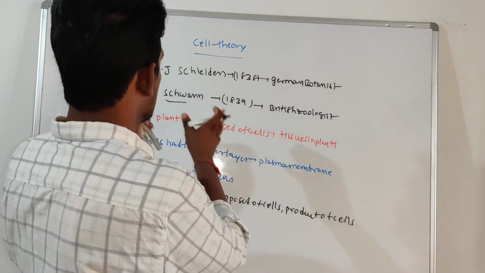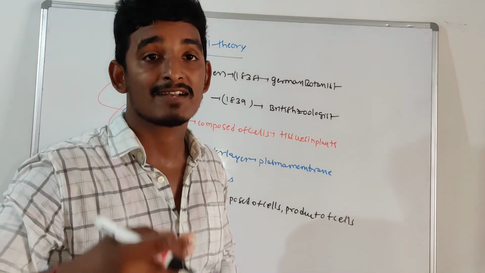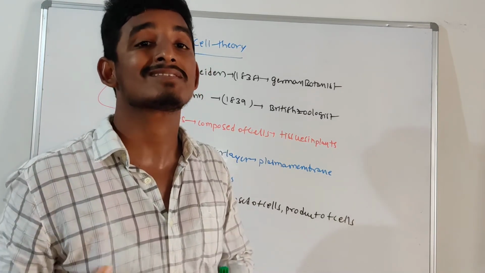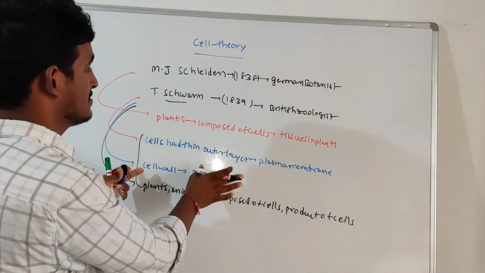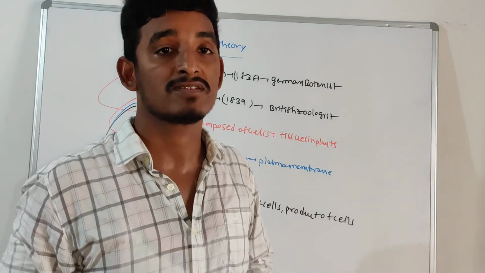So these are the two scientists who proposed cell theory, but they did not give information about how the cells originated. They gave information about cells, but not about how the cells originated.